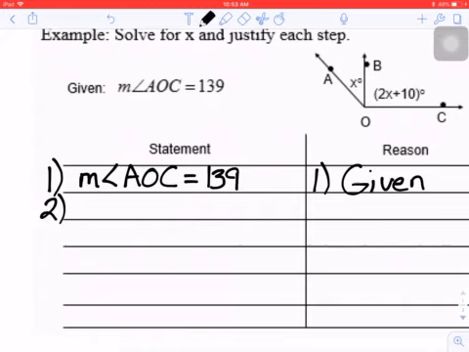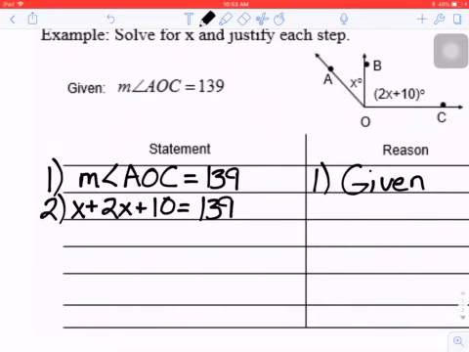So, moving on. Now that I know that the measure of angle AOC is 139, I'm going to use the idea that if this is AOC and these things are inside of it, together they should add up to make 139. So let's write that down. x plus 2x plus 10 is equal to 139.